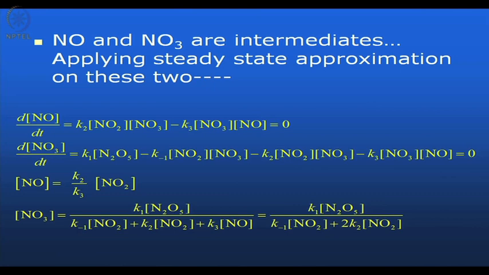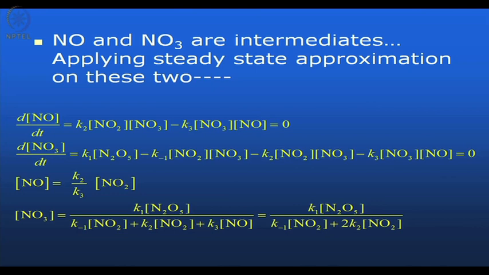This gives you the concentration of NO equal to, after simplification, K2 by K3 times NO2 times the concentration of NO3, which is a reactive intermediate.